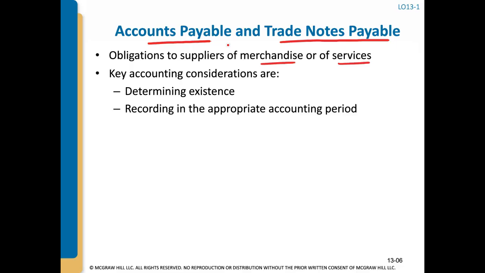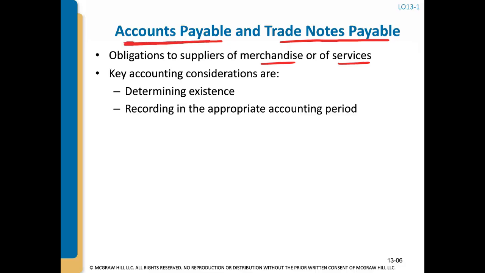So typically for companies that purchase inventory, they put in a purchase order for inventory. They receive an invoice for that inventory. And when they receive the invoice, that's when they record the accounts payable.